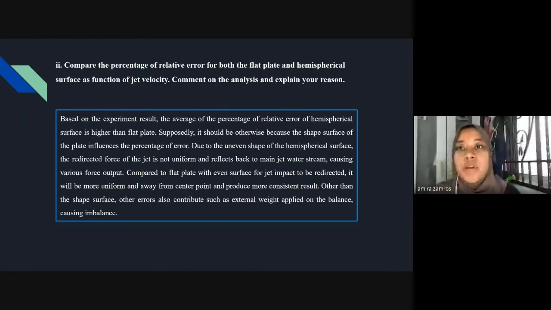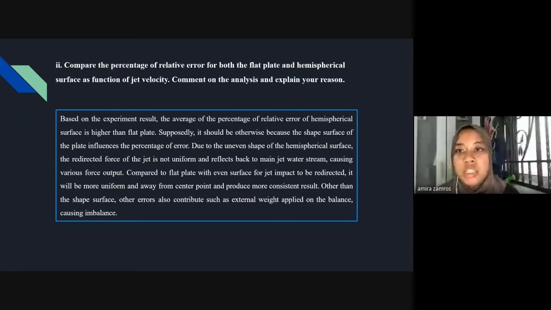Due to the uneven shape of the hemispherical surface, the redirected force of the jet is not uniform and reflects back to the main jet water stream, causing varied force output. Compared to the flat plate with an even surface, the jet impact is directed more uniformly and away from the center point, producing more consistent results.